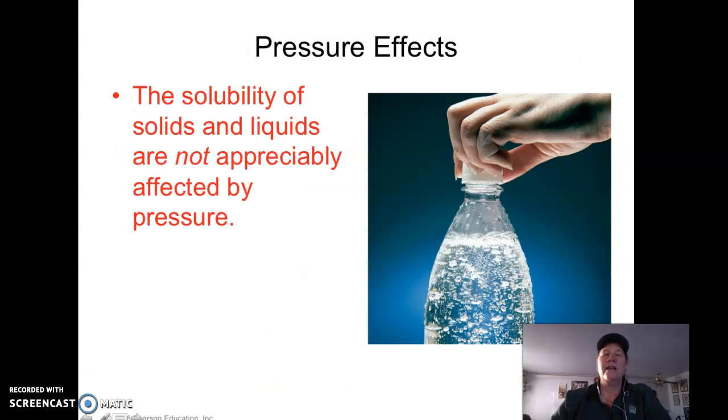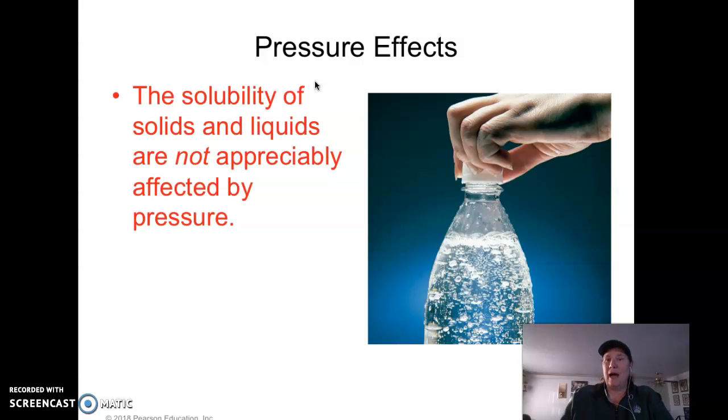Okay, another thing that affects whether something will make a solution or not is pressure. The solubilities of solids and liquids aren't really affected by pressure, but gases in a liquid definitely are. So if you increase the pressure, you can increase the solubility.